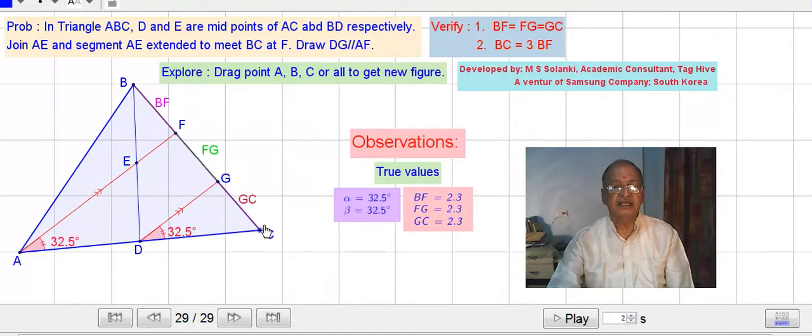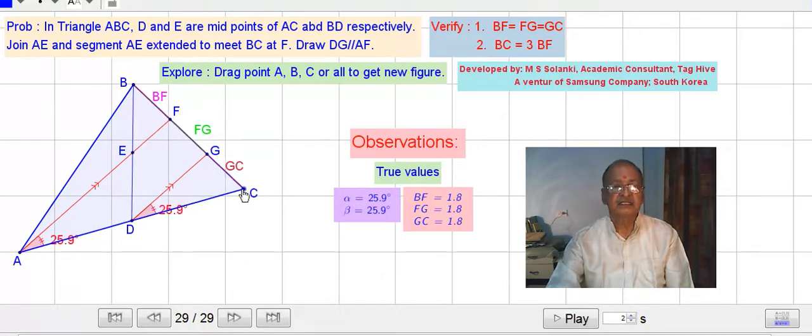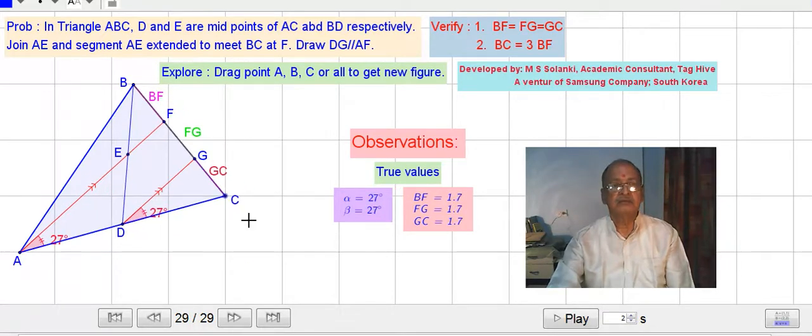And then again I am shifting this. What are we getting? Alpha 27 degree and beta is also 27 degree, and all these segments 1.7, 1.7. Now this is second.